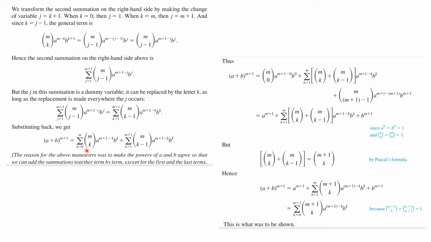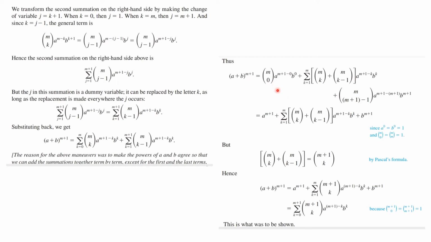The reason we did this is that we want the powers of a and the powers of b to match. Now we will have to strip out the first one by itself, but then we can start with k equals 1 for this one, and we have this expression being added together.